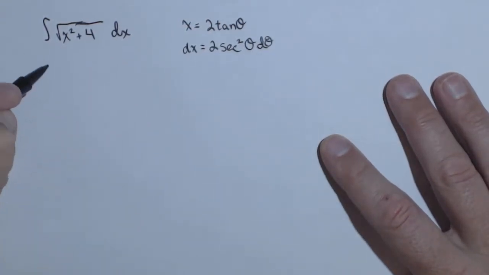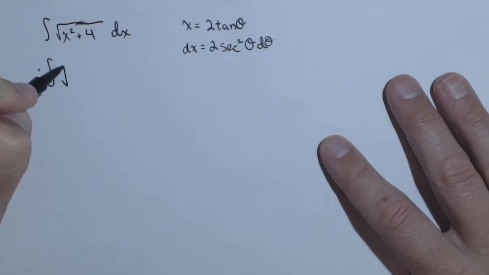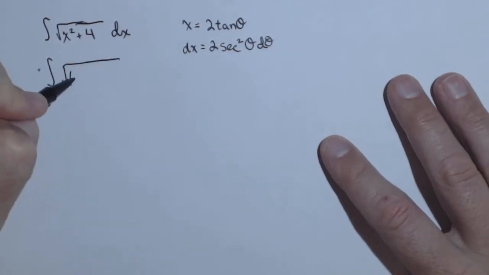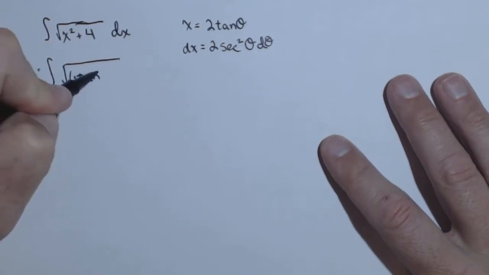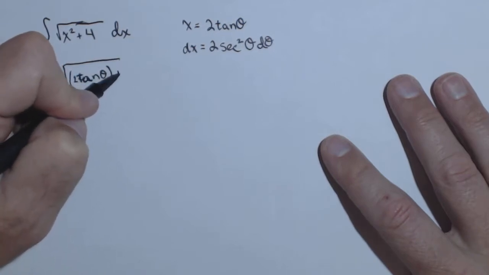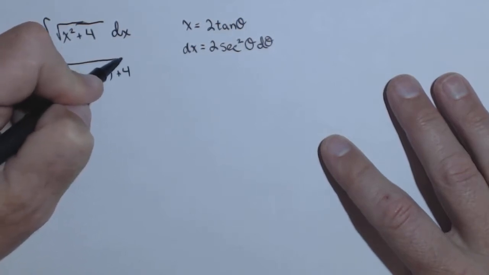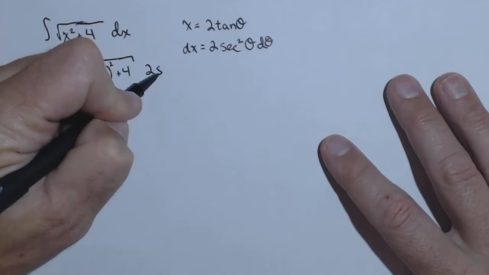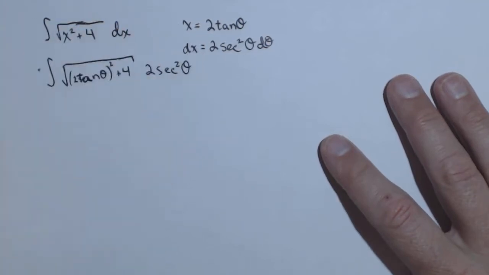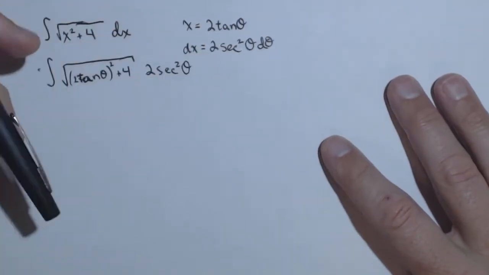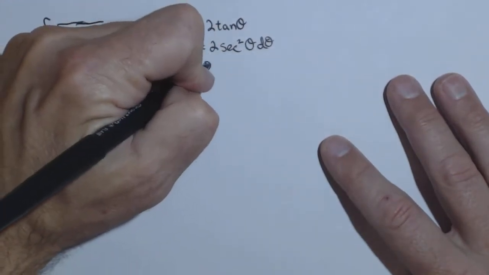So what that means is I am going to be putting in 2 tangent theta in here, plus 4, squared, and 2 secant squared theta d theta out here.